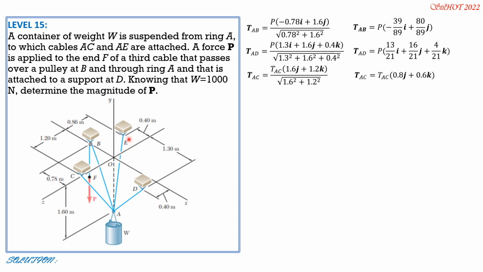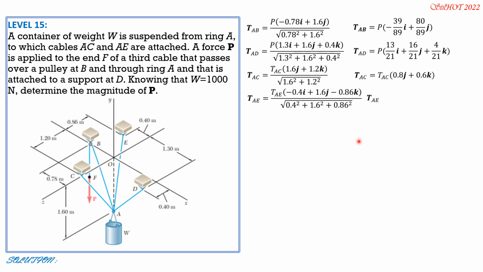Finally, tension AE. Tension AE is magnitude of tension AE quantity negative 0.4i plus 1.6j, then minus 0.86k over square root of 0.4 square plus 1.6 square plus 0.86 square.